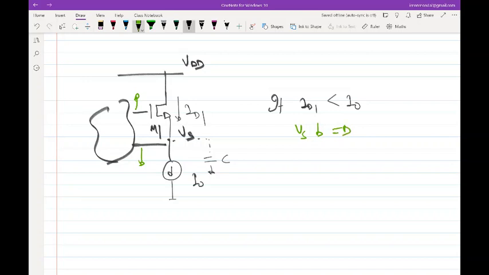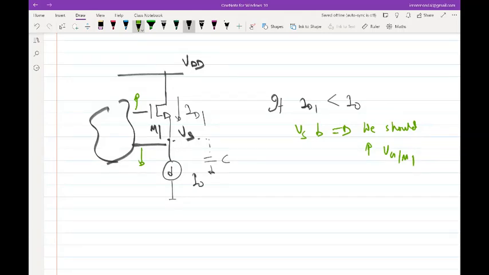This implies we should increase Vg. Yeah, it is auto bias, but under the constraint that Vs moves. Let's assume that we don't want Vs to move.